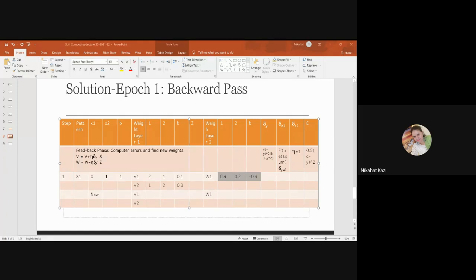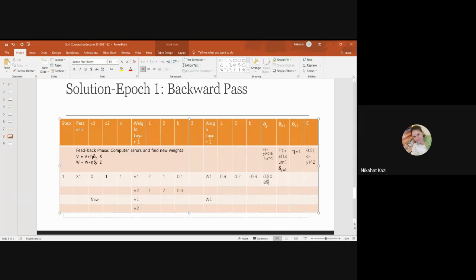Only one person is solving, so I don't know. Okay, d minus o, let me check. D is 1. Yes, you are correct, I made a mistake in one decimal. So 0.5089 is delta y.